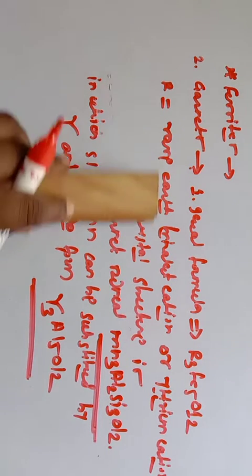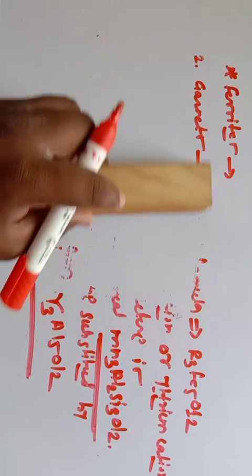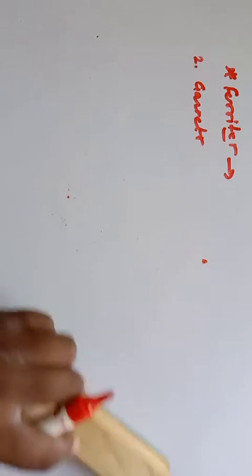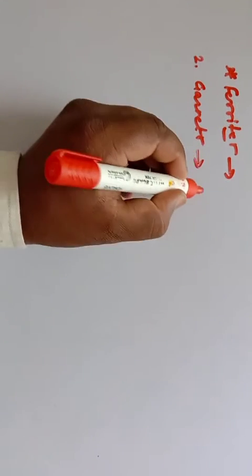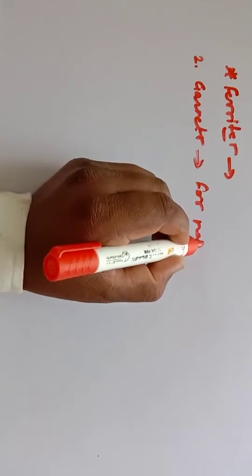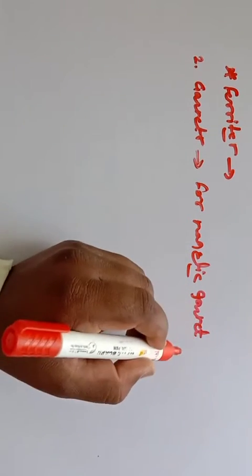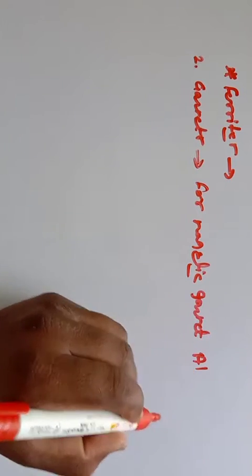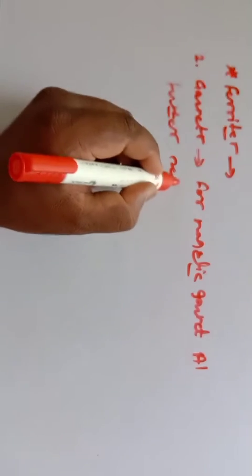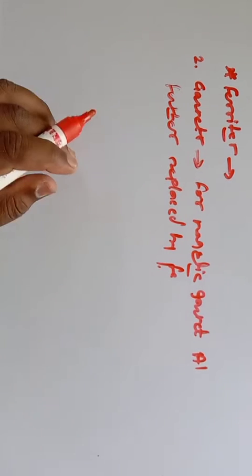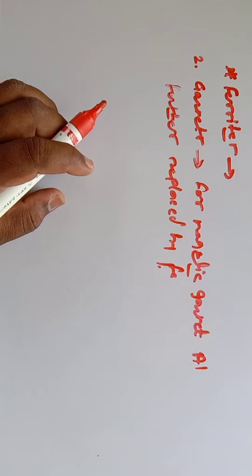The next important point regarding this garnet is that for magnetic garnet, aluminium is further replaced by Fe.